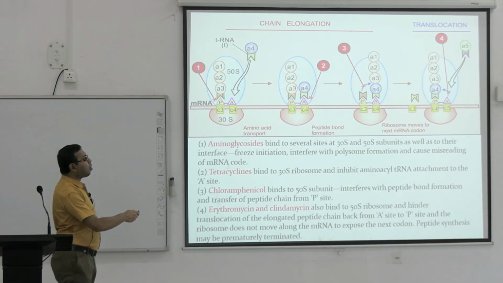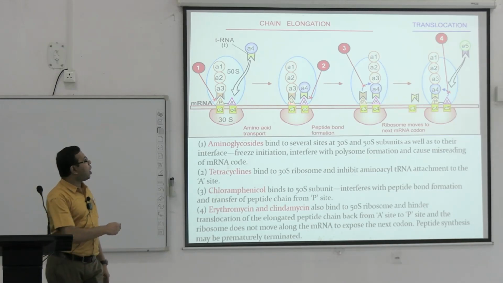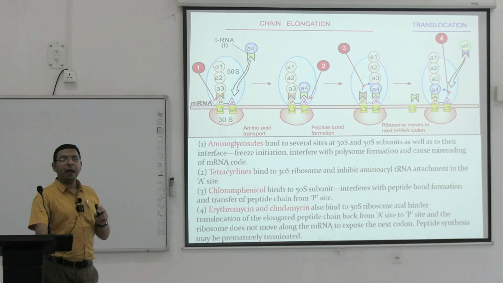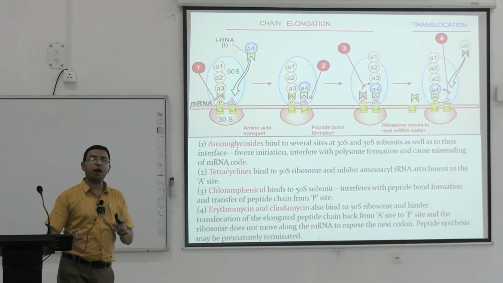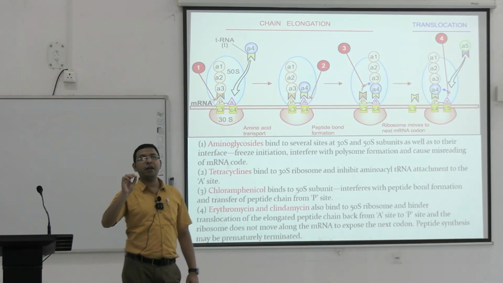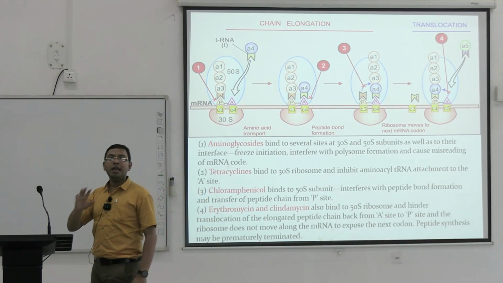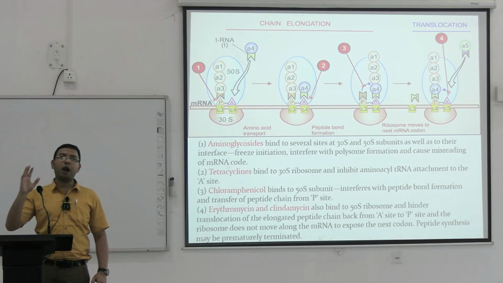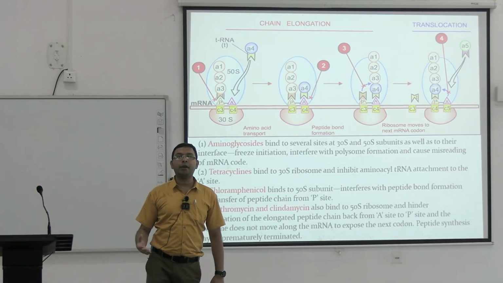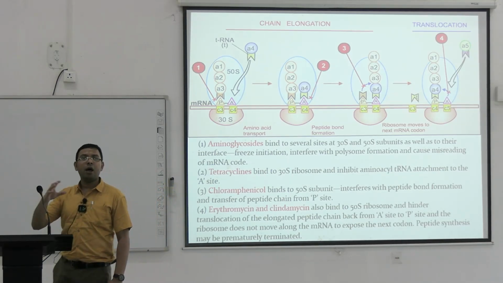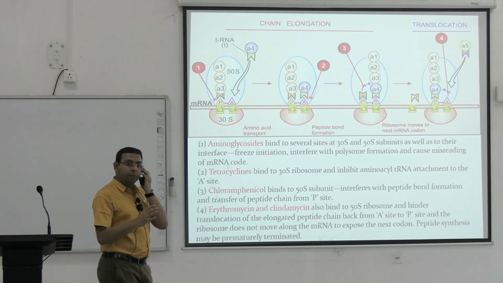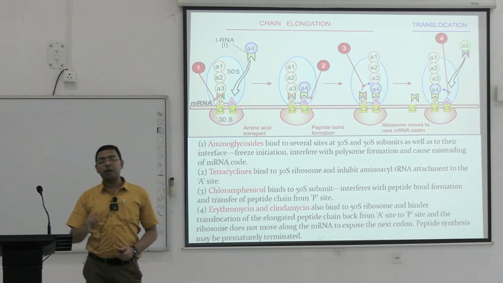Tetracycline blocks here and chloramphenicol blocks. What is the mechanism of action? Tetracycline mainly inhibits the protein synthesis mechanism of the bacteria. Which bacteria? Tetracycline is a broad spectrum antimicrobial agent, so it can inhibit any type of bacteria, both gram positive and gram negative, and they are bacteriostatic.